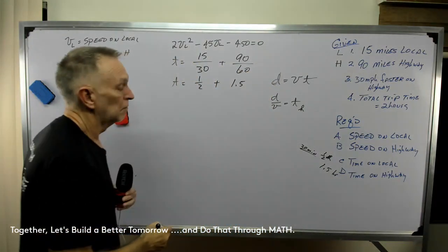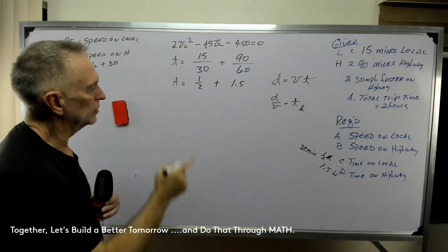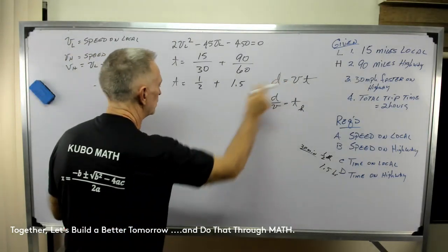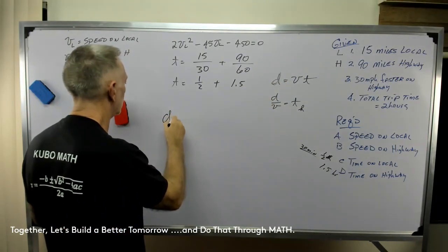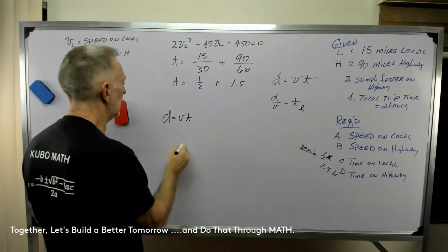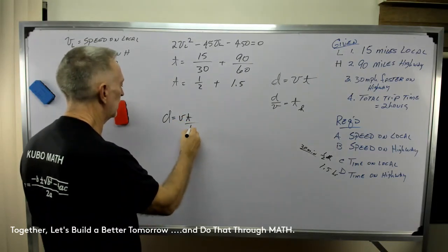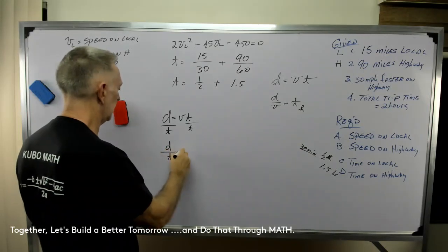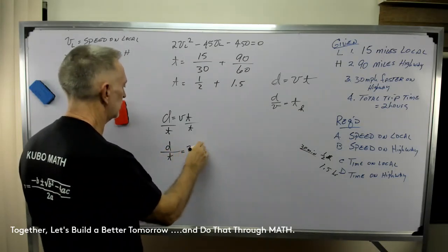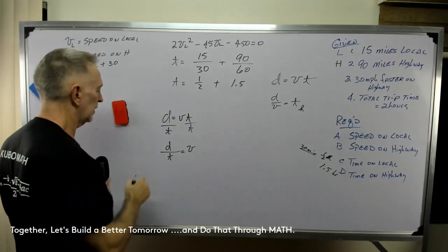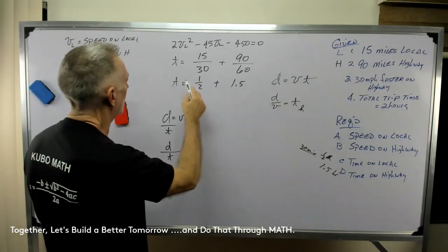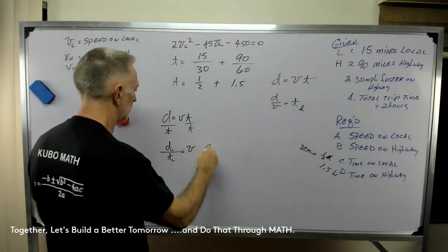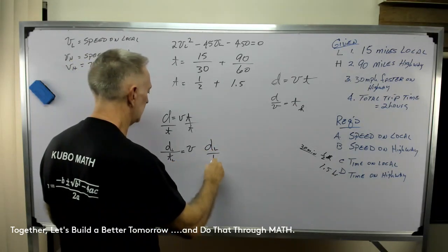Okay. Hey, now we're getting there. Speed on the local highway. Distance equals velocity times time. If I divide both of those by time, distance over time equals velocity. So I have distance on the local road. It's distance on local divided by time on local.